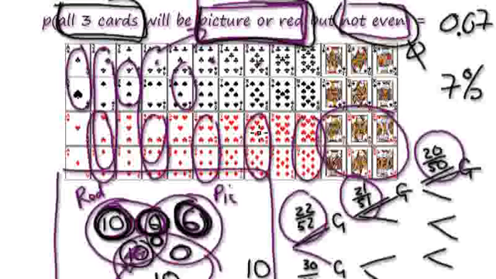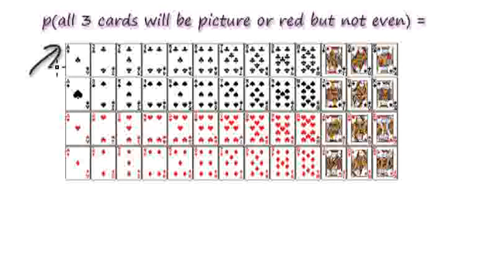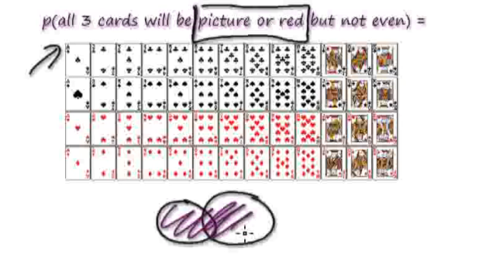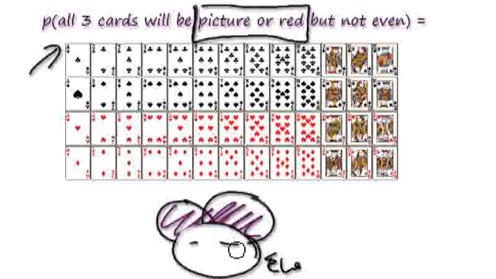When you're given a problem like this, it's hard to see what's going on, so you've got to analyze the question. The first thing you should jump to is this bit here: picture or red. That represents the union of the two, and then minus the even. So if this is your even here, you minus the even, get rid of this.